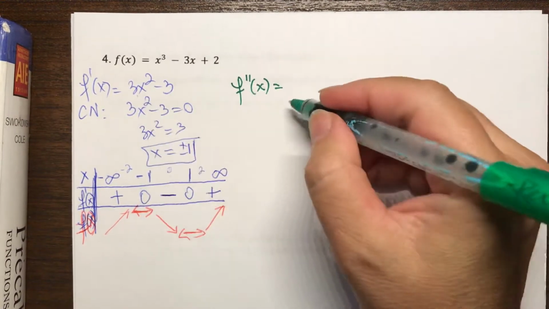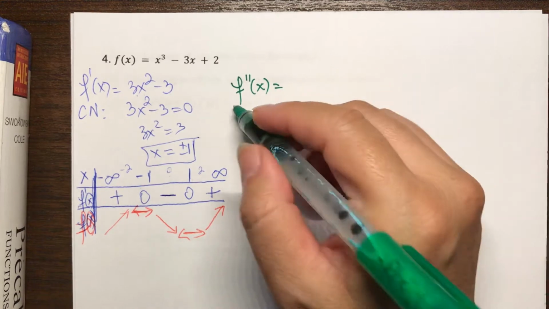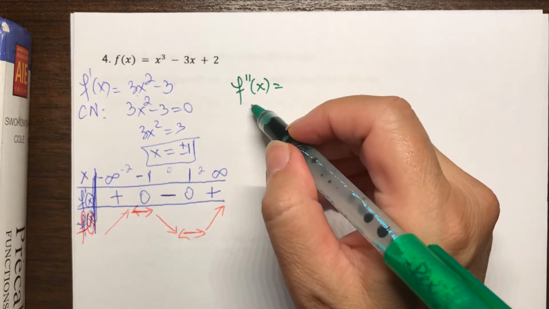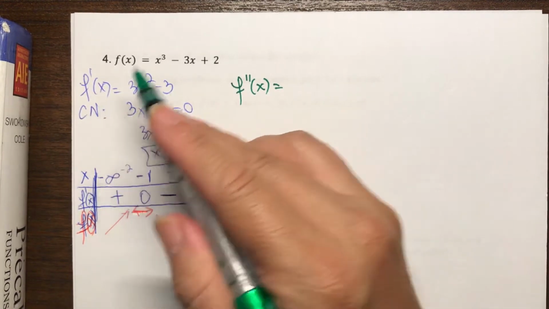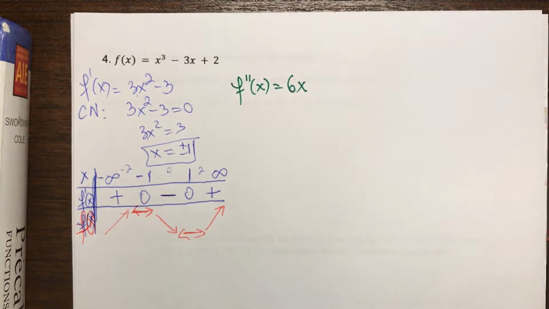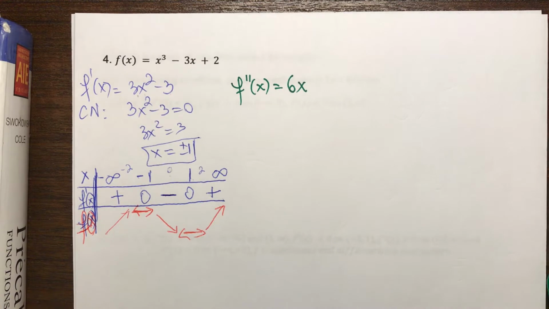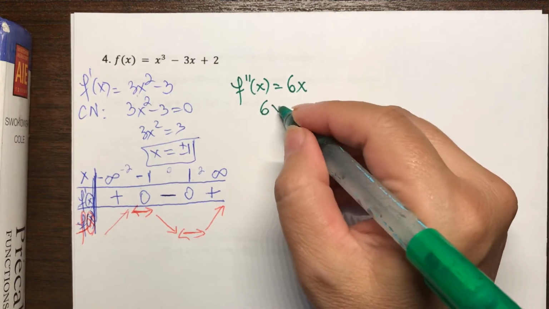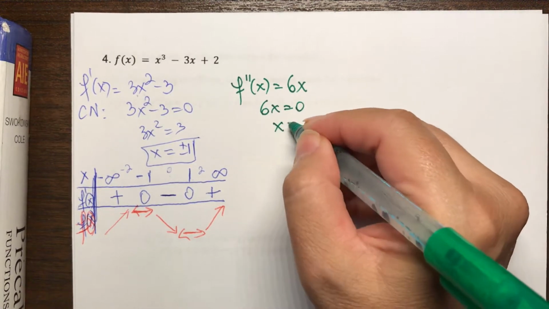Now, the second derivative of the function, or the derivative of the first derivative, that's what I meant to say, is just 6x. Good. Find the critical number, possible inflection points, yes? So what we're going to do is set this equal to 0, and then the solution is super easy.